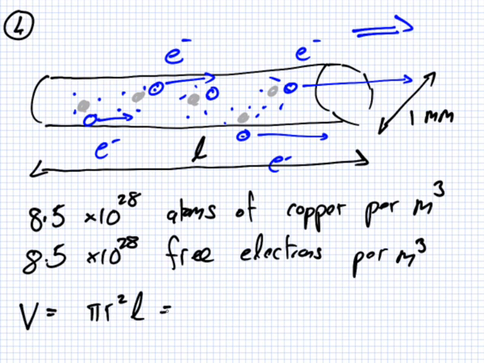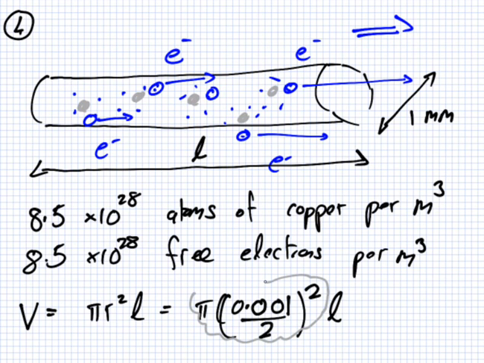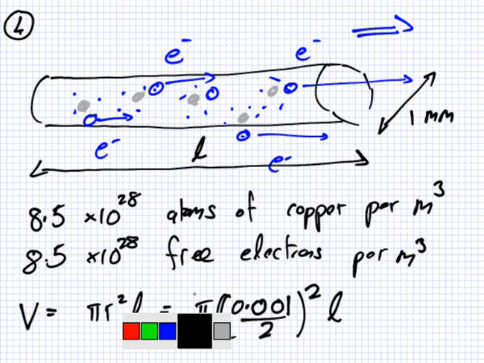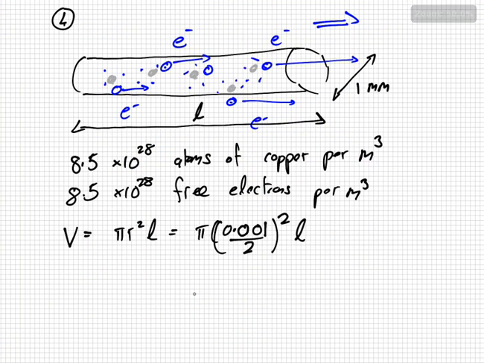So in the question I tell you that there are 8.5 times 10 to the 28 atoms of copper per meter cubed. And I say each atom has 1 free electron. So that means there's 8.5 times 10 to the 28 free electrons per meter cubed.